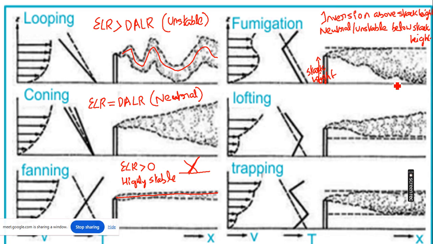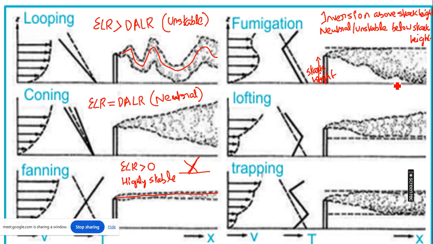So this is very much dangerous to all the living things. Along with human beings, all the animals, plants, and everything will be affected if the pollutants are dispersing more towards the ground rather than going upwards. So fumigation is very much dangerous. It is a very dangerous condition, and the plume is actually getting dispersed to the ground.